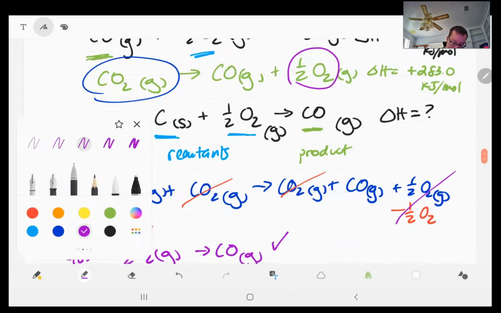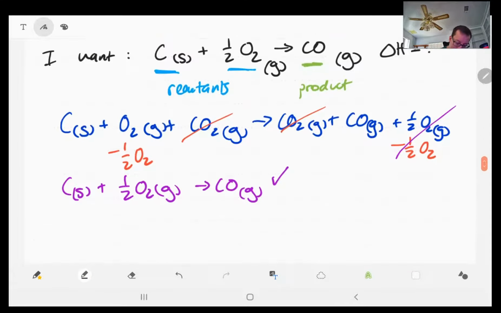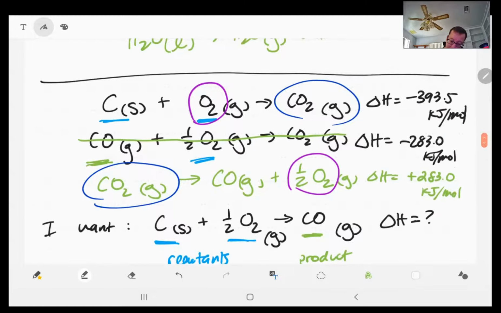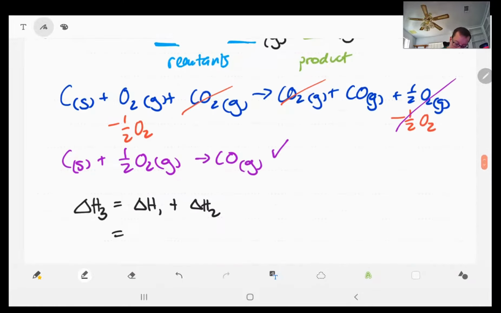So as a result, delta H3, the one we're looking for, is delta H1 plus delta H2, whatever reactions we added together. Our first reaction, we didn't change anything, so negative 393.5.